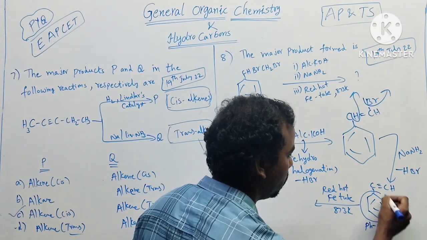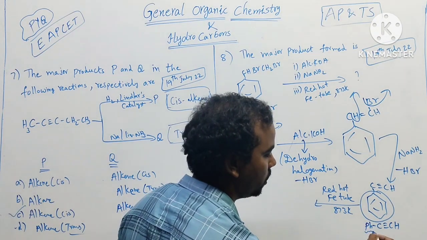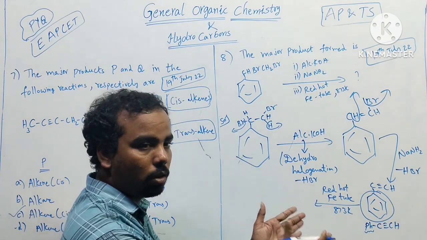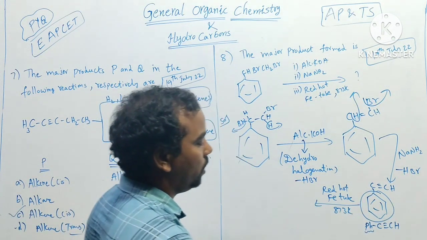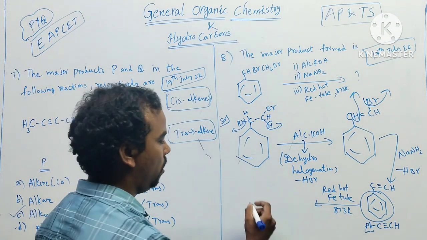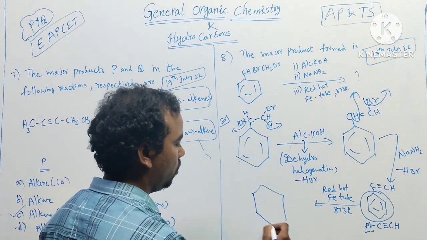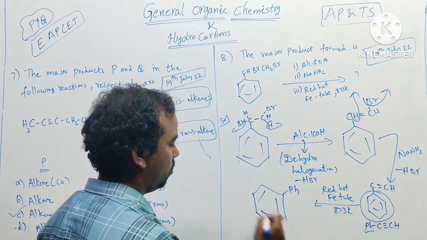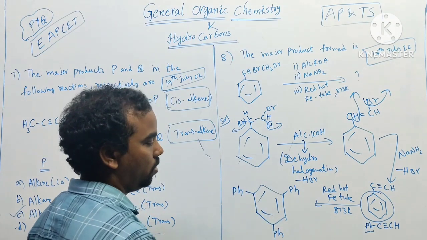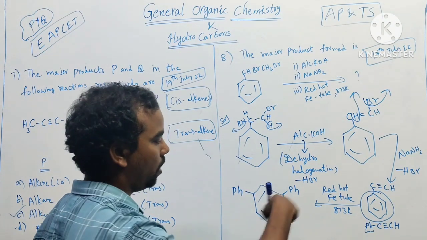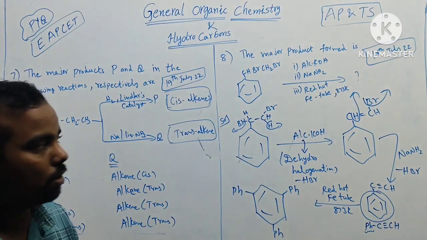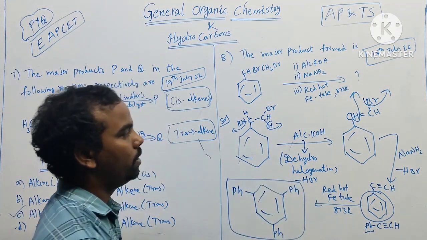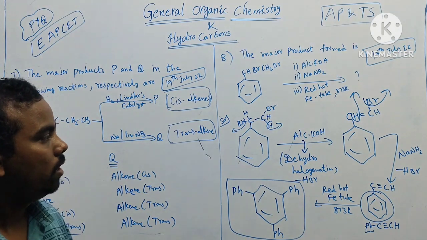This ring is represented as Ph, that means phenyl. Ph C triple bond CH. 3 moles of Ph C triple bond CH on polymerization then form 1, 3, 5 triphenyl benzene. So it is the answer. 1, 3, 5 triphenyl benzene is the answer. Okay, note this.